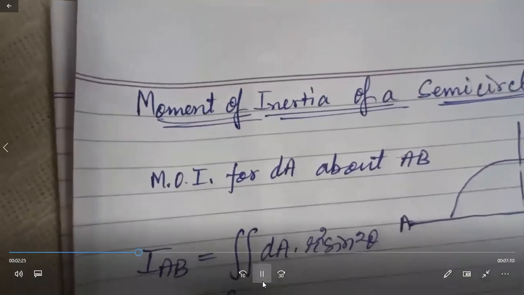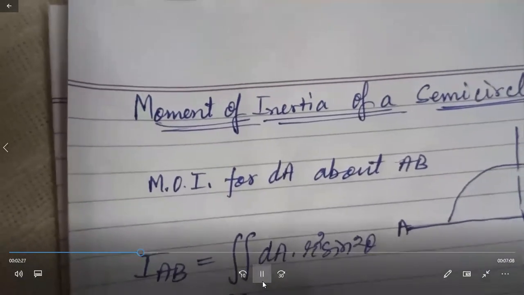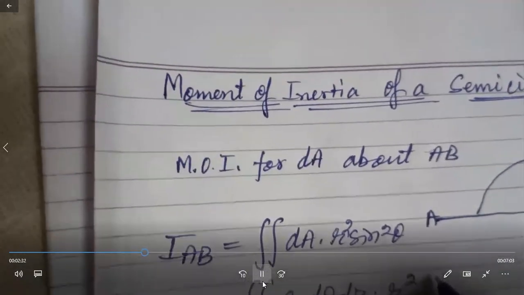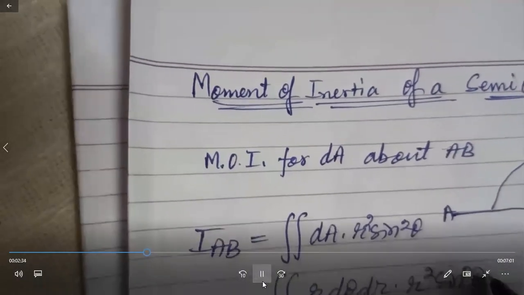So on putting the value of dA, r d theta dr into r square sine square theta.